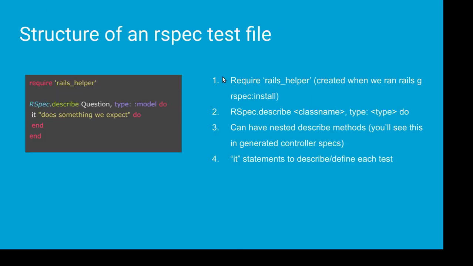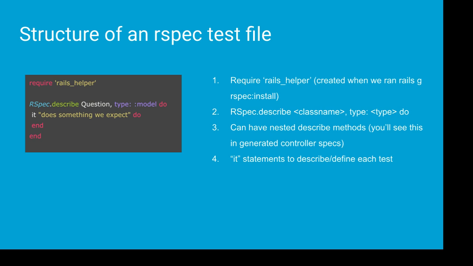All right, so let's look at the structure of an RSpec test file. You'll see that it requires Rails helper, and that's one of the things that got installed when we did that Rails G RSpec install. And then it'll have a describe line. You can just pass a string to describe, like should blah, blah, blah. Or you can give it arguments like this.